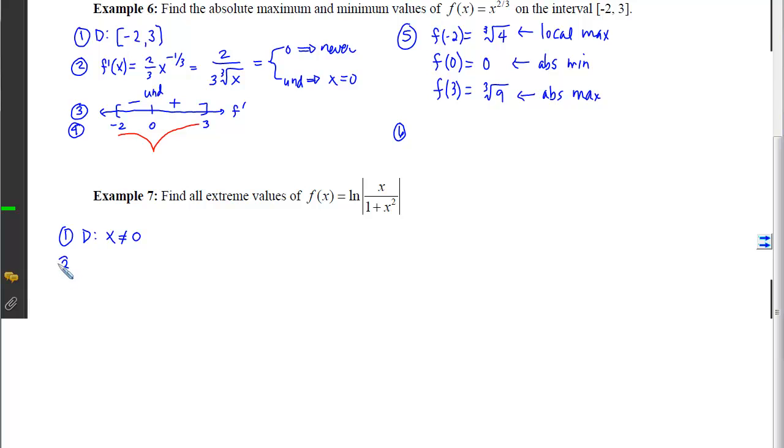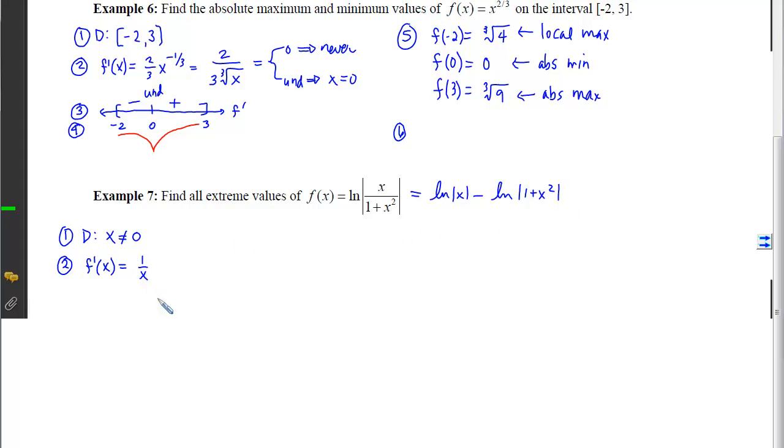So step 2 now is to take the derivative. If you remember from when we did derivatives of logs back in section 3.8, we can split this up and say the natural log of the absolute value of x minus the natural log of the absolute value of 1 plus x squared. And then when I take the derivative, I'll get a 1 over x.